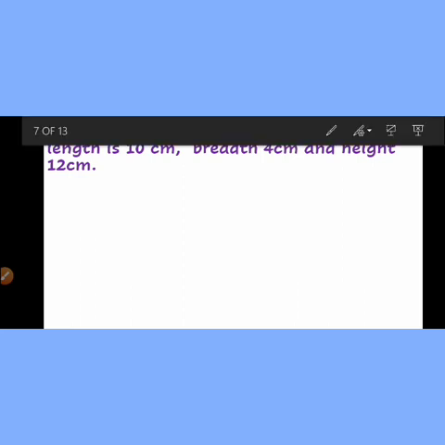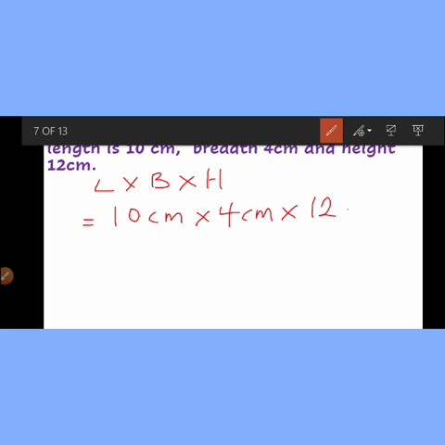Now, in finding the volume, the formula is length times breadth times height. And so here we have 10 centimeter as the length. We have 4 centimeter as the breadth. And we have 12 centimeter as the height.